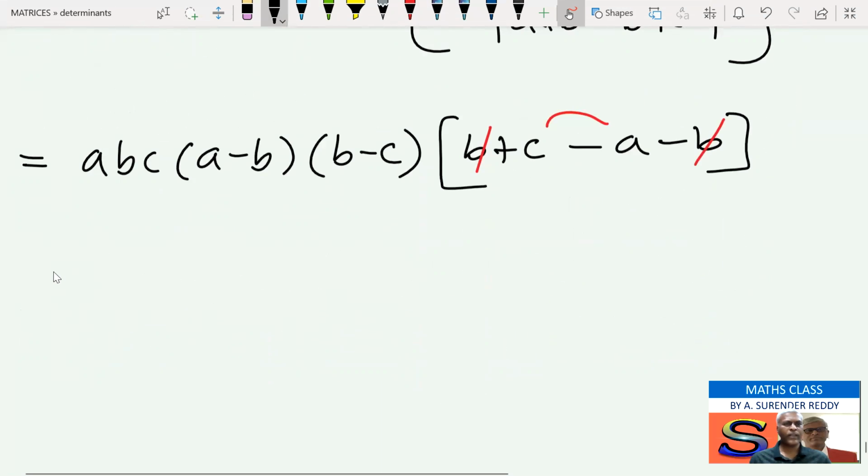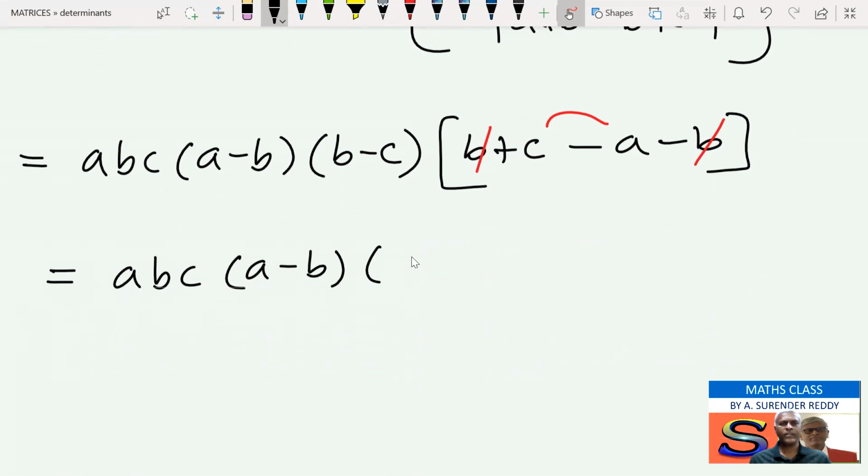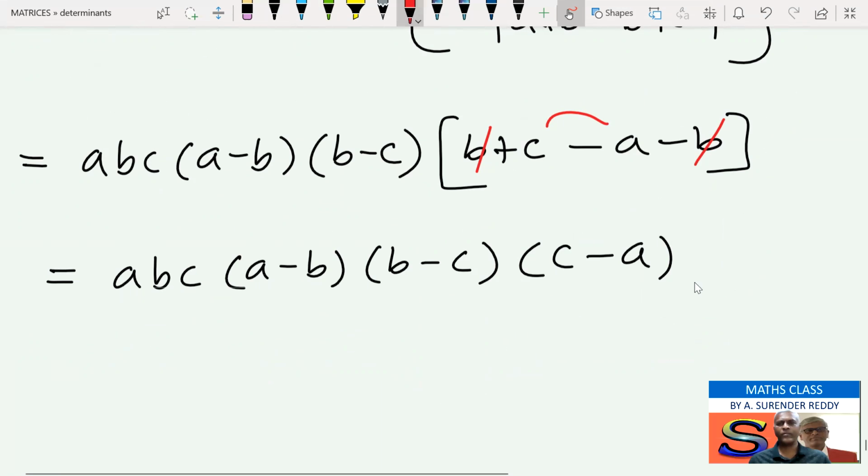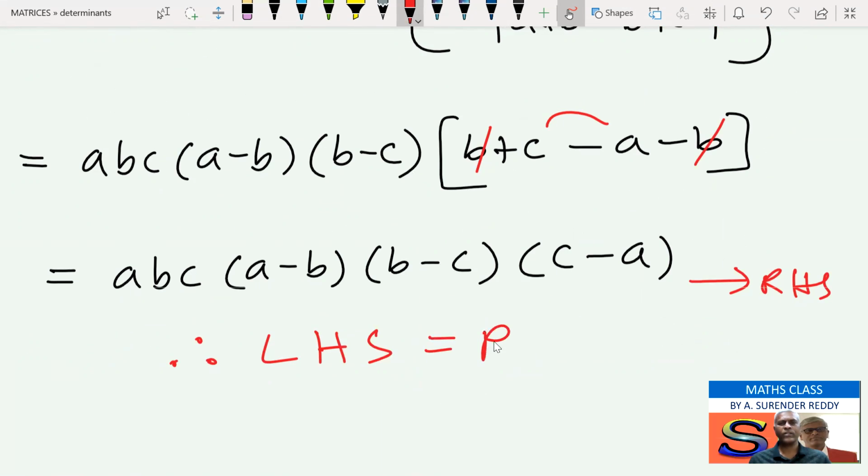So further simplifying, this is abc, a minus b, b minus c, and c minus a. So this is the required proof, RHS. Now LHS is equal to RHS, hence proved.